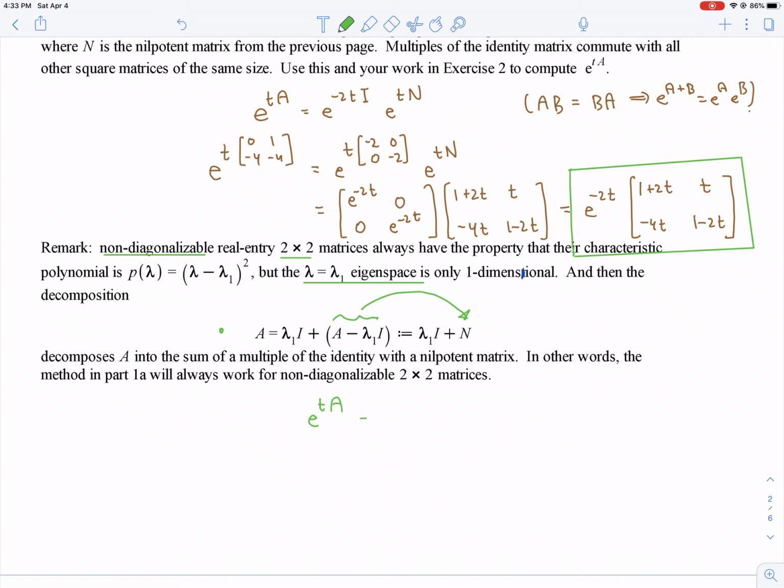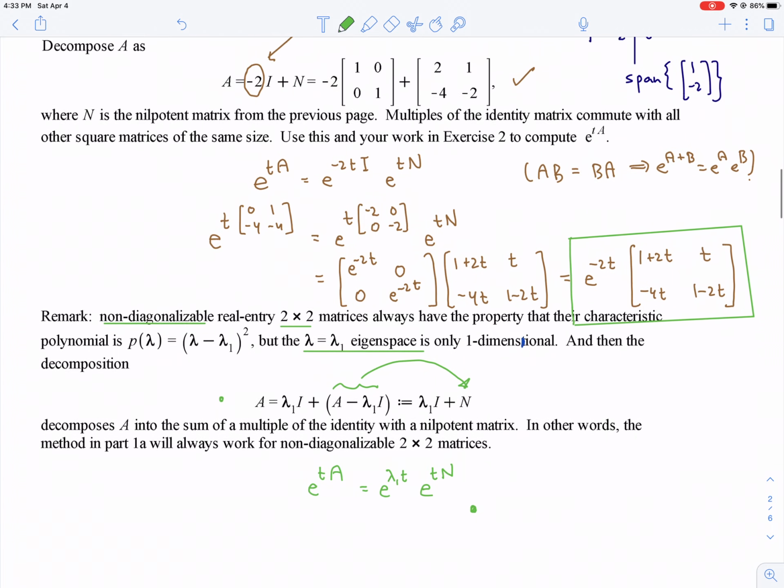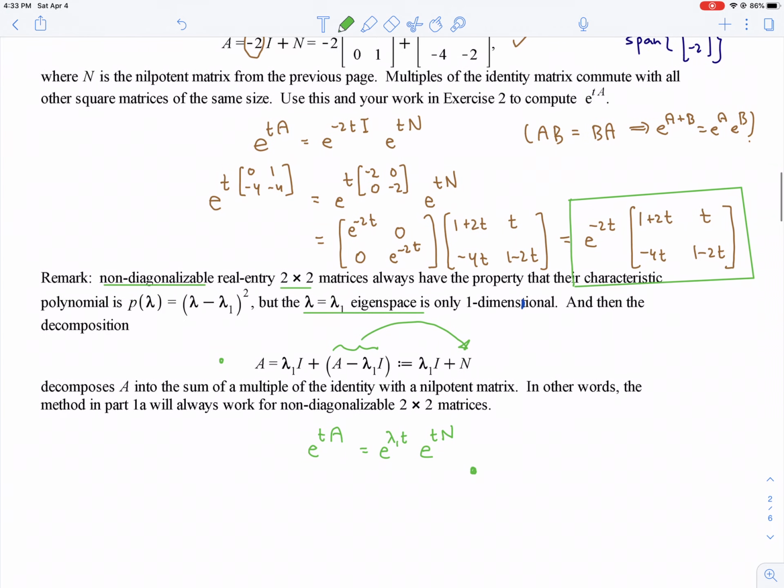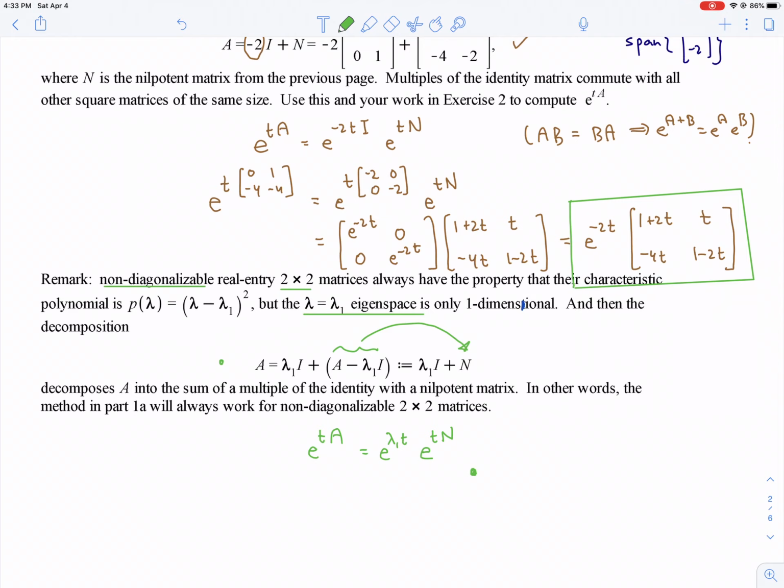So e to the tA will always be e to the t times lambda 1 I, which will turn out to be e to the lambda 1 t times the identity matrix times e to the tN. So for 2 by 2 matrices, that's how to deal with the non-diagonalizable case.